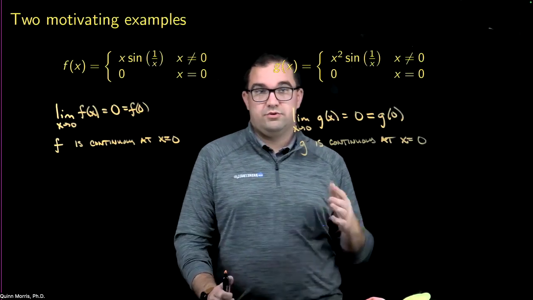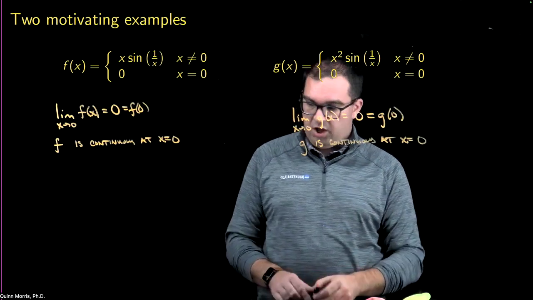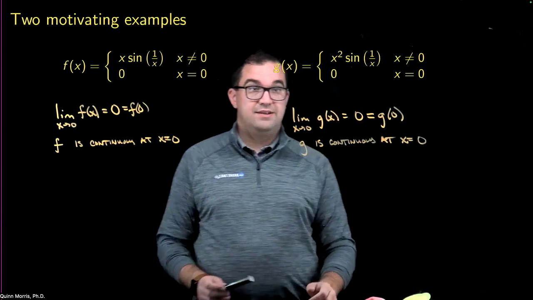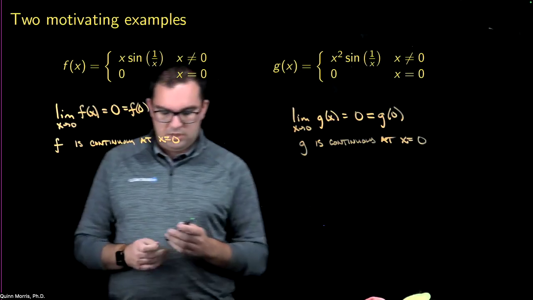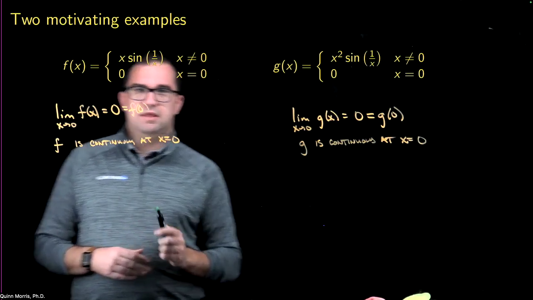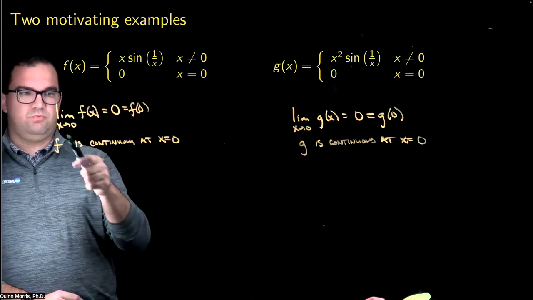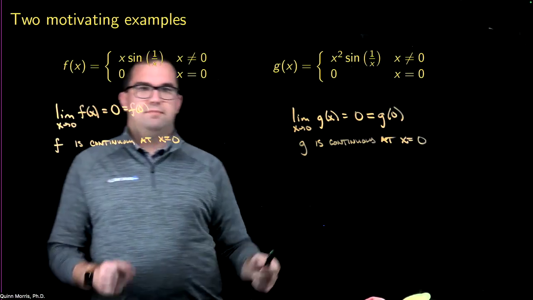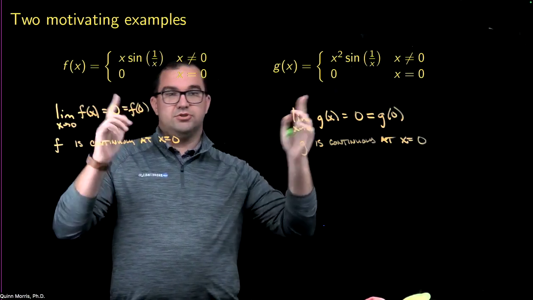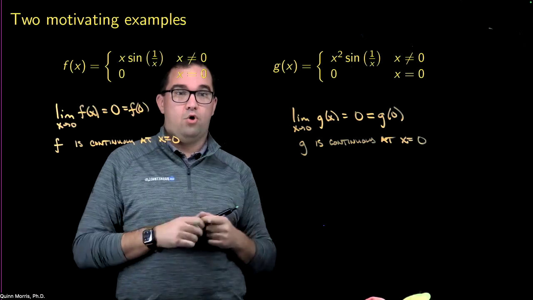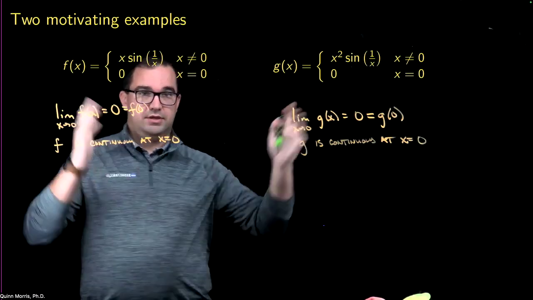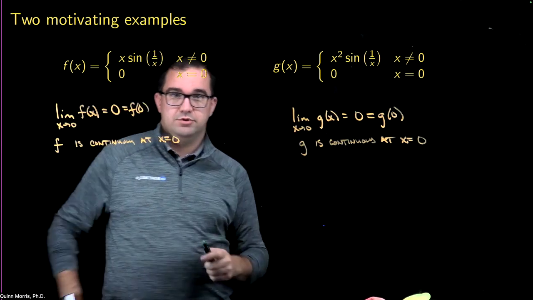Then we want to ask, what more can we say now in the context of differentiation? We've said something about continuity. In fact, both of these functions are continuous for all real numbers, so they're continuous on their entire domain.